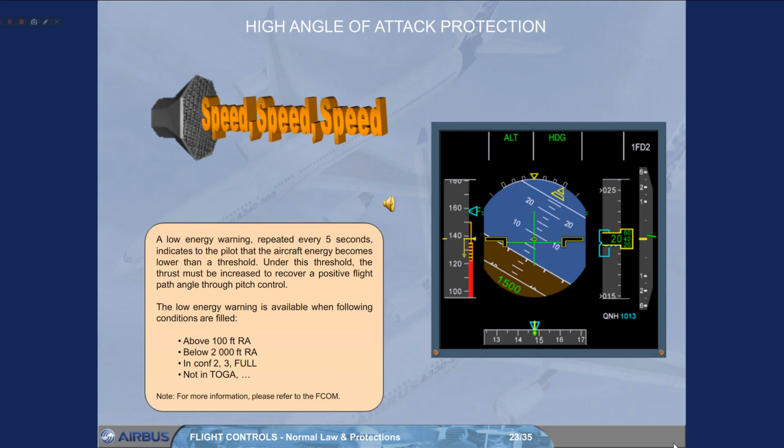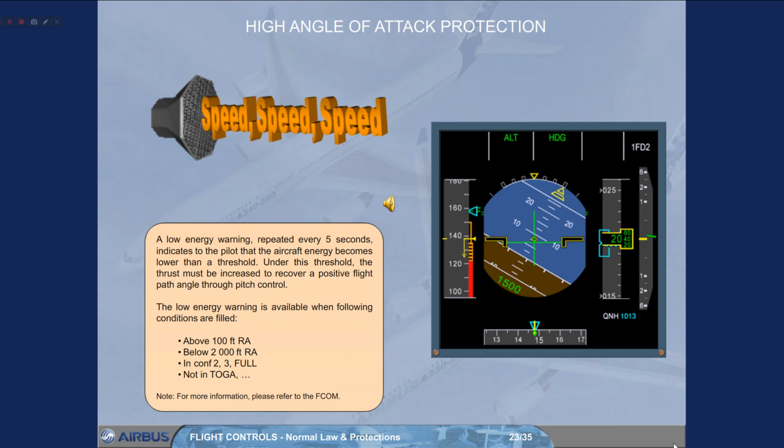A low energy warning, repeated every 5 seconds, indicates to the pilot that the aircraft energy becomes lower than a threshold. Under this threshold, the thrust must be increased to recover a positive flight path angle through pitch control.